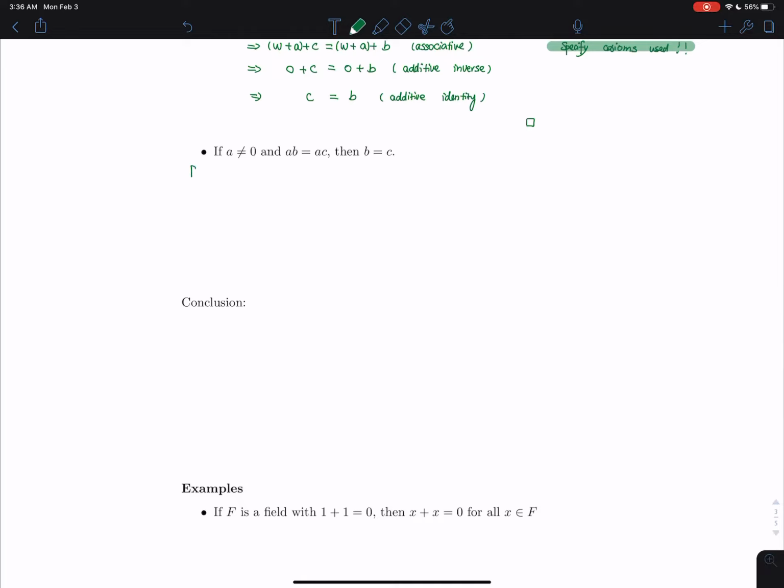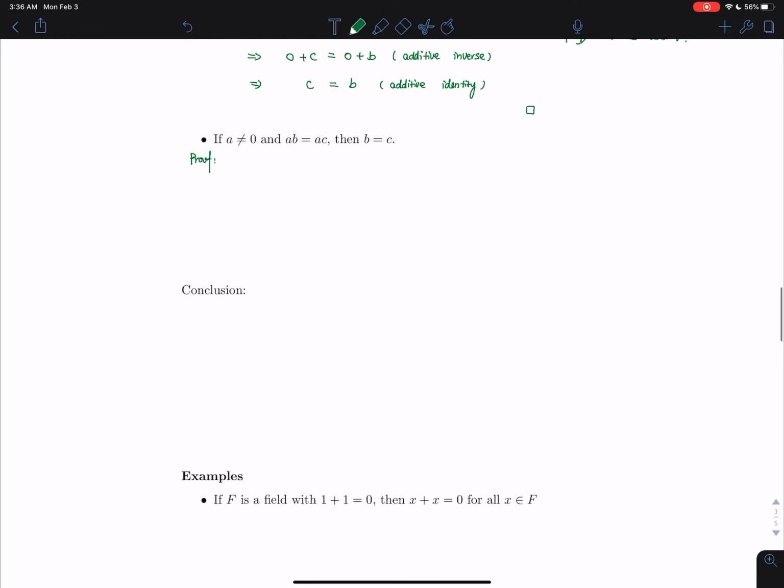Next, proof. Suppose A is not 0 and A times B equals A times C. Then B equals C. So those two questions are essentially the same. It's just one is addition, the other one is multiplication.